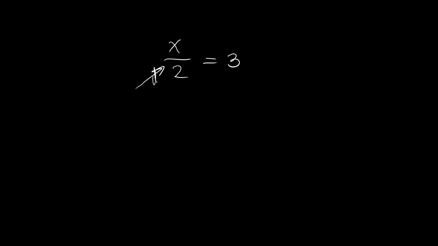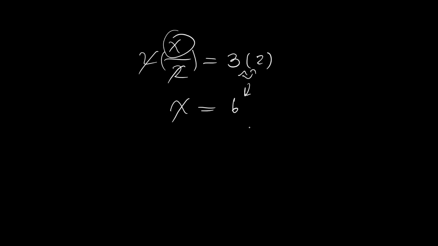To get rid of the 2, we have to multiply both sides by 2. These 2's cancel out, you're left with x. 3 times 2 is 6. So x equals 6.